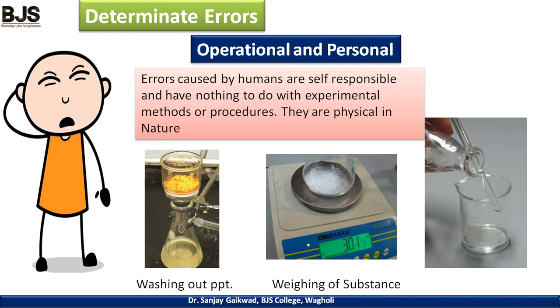If the instruments are not standardized, then these types of errors are added, and these are related to operational error. In the preparation of the reagent, if pure compounds are not used, or the glassware is not calibrated, then the volume is wrong. These types of errors related to the person, or operational error, are included in the error, and therefore it affects the result.